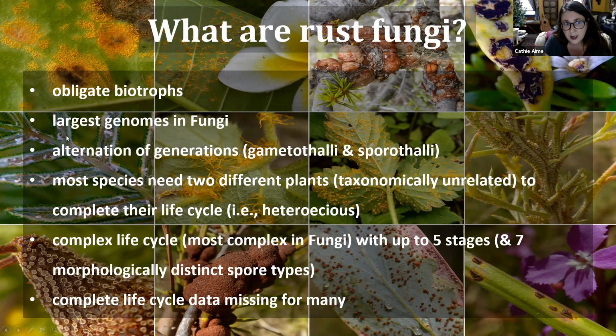There are some fungi that are obligate biotrophs, of course, but it's not a common strategy. The rust fungi also have the largest genomes in fungi. I don't know if you all are aware of the current genomics revolution that's underway right now, but we're trying to generate whole genome sequences for a lot of different organisms, including fungi. And that can tell us a lot about these organisms. And when we look at rust fungi, their genomes are an entire order of magnitude larger than your regular fungi, than mushrooms or yeast or something like that.